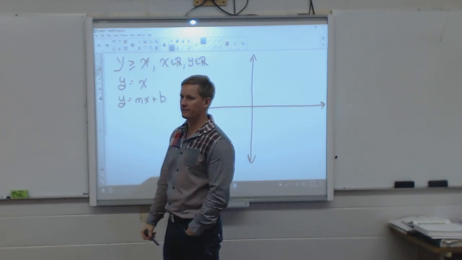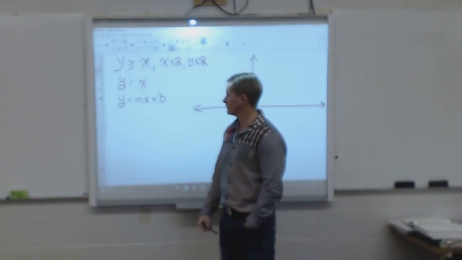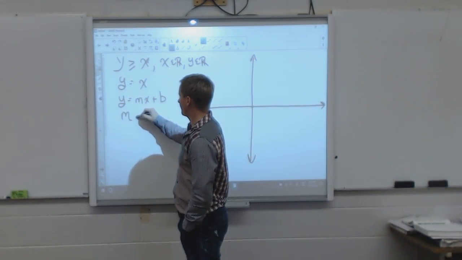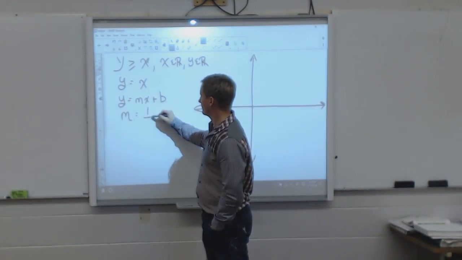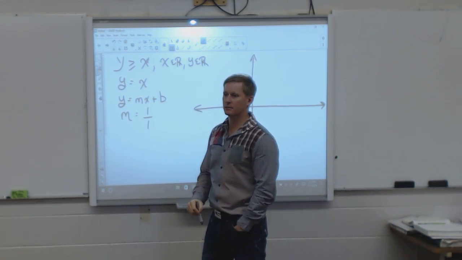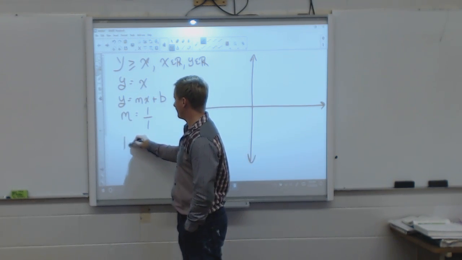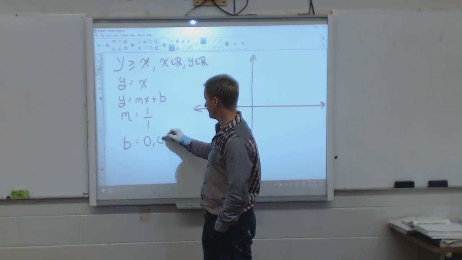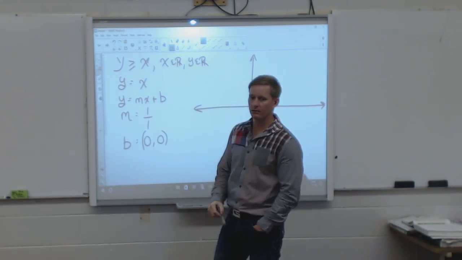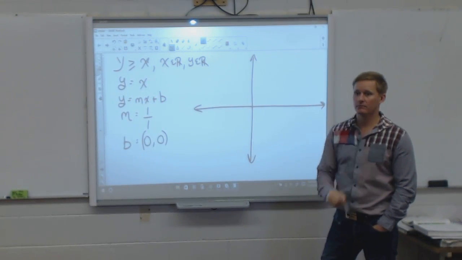I think it is. What's my m value? It's 1 over 1, that's the value in front of the x. What is my b value? 0, which means my starting point is 0 and 0. So I can do that as my method.